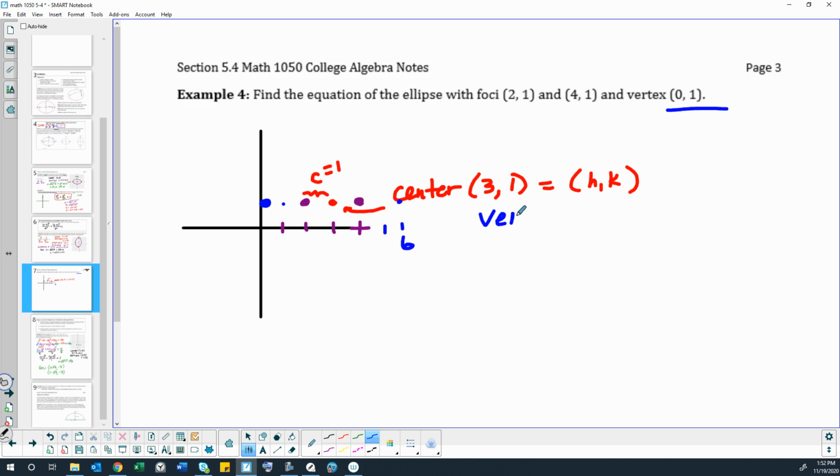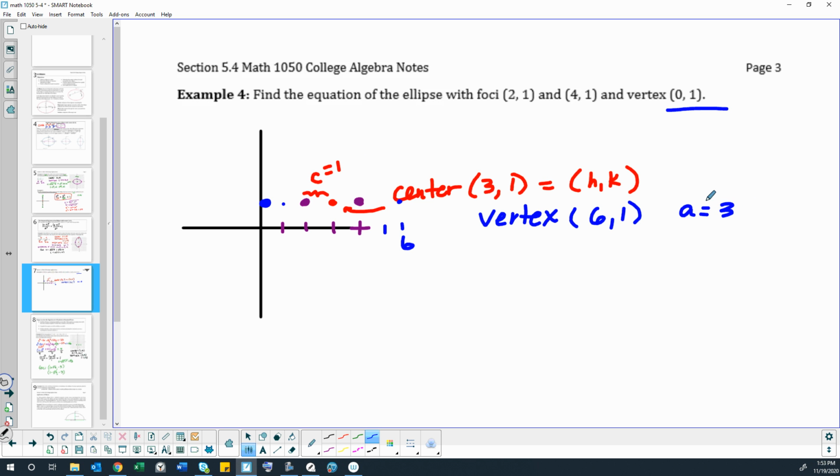So our vertices along our major axis: we have one vertex at (0, 1), so the other vertex is at (6, 1), right? So that tells us from 0 to 6 is the length of the major axis, and therefore the a value, the horizontal distance here, is going to be 3. So then we'll square that when we put it in the equation.